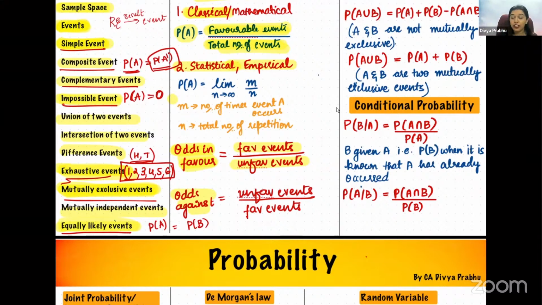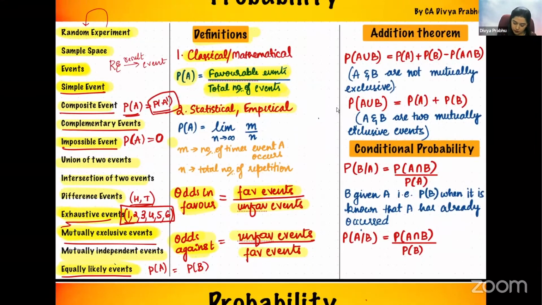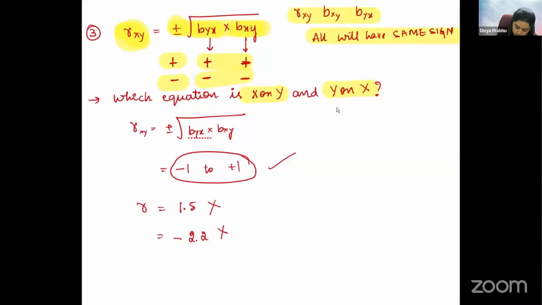But for the definition of probability, it is favorable by total, not unfavorable. That's the difference. Next, odds against means unfavorable comes in the numerator and favorable comes in the denominator. This is the definition of odds against. Clear? We'll solve one question on this.